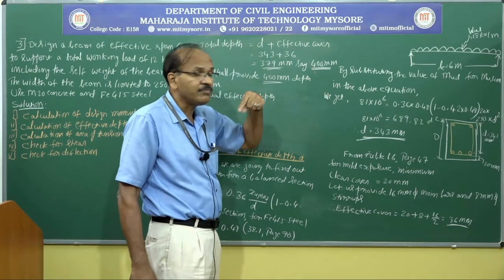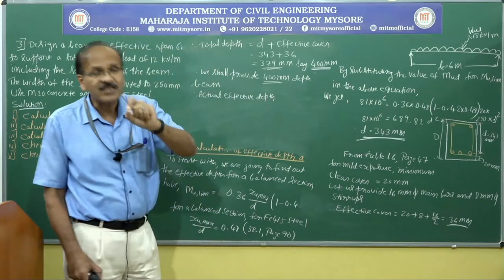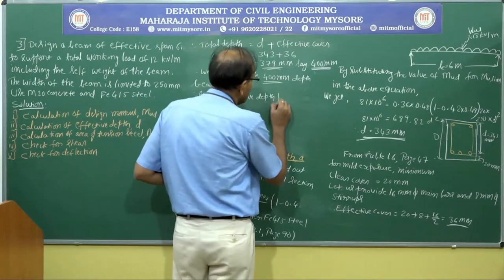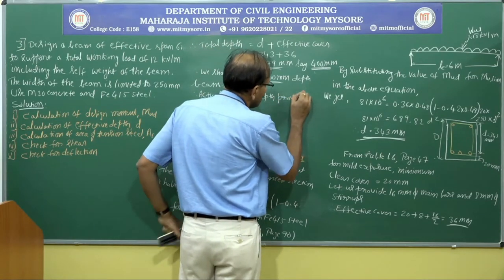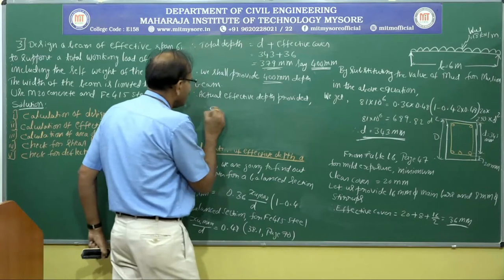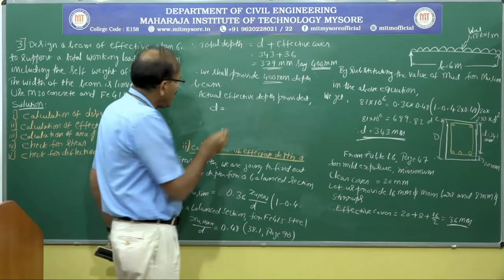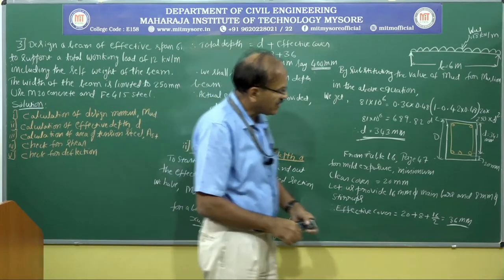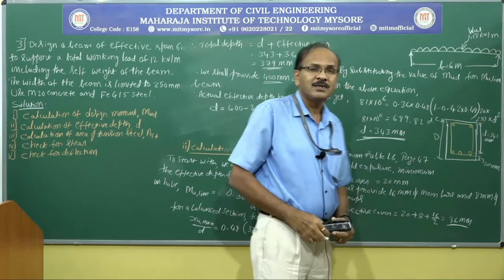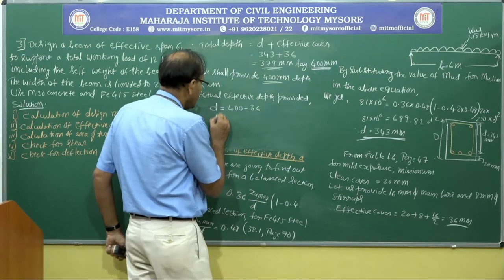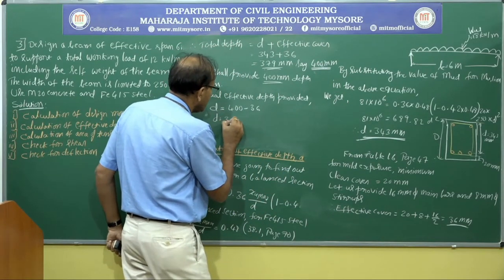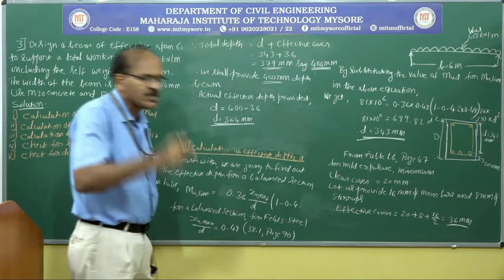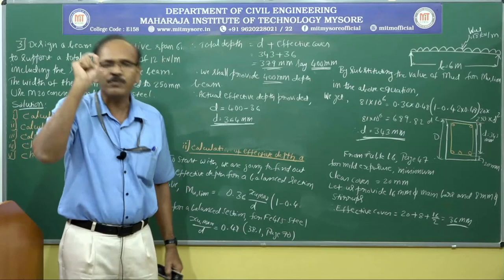Once we have the overall depth, then we have to get the actual effective depth provided. Therefore, actual effective depth provided, I am going to call that as D, actual overall depth minus the effective cover 36 millimeter, that is equal to D equal to 364 millimeter is the actual effective depth we are providing.